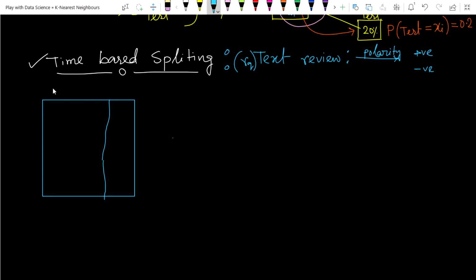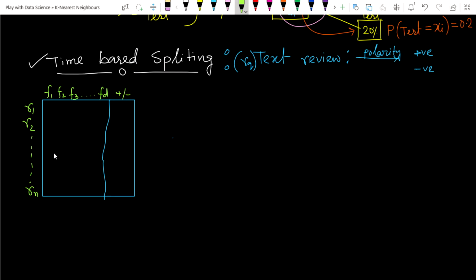Suppose this is our feature vector, f1, f2, f3, up to fd. This is our feature vector, and here is our review. Suppose we have n reviews in our collected data set, and the corresponding output, its polarity, will be positive or negative, these two types.